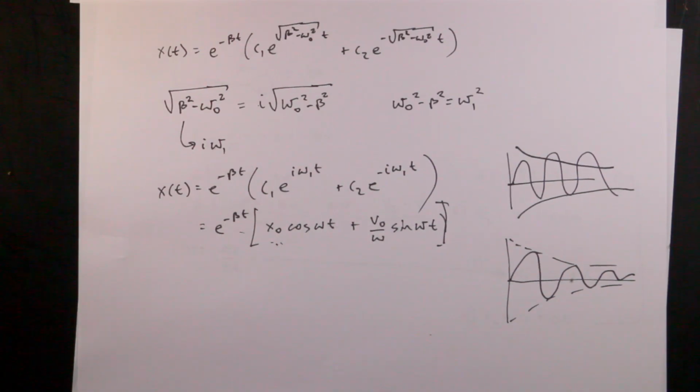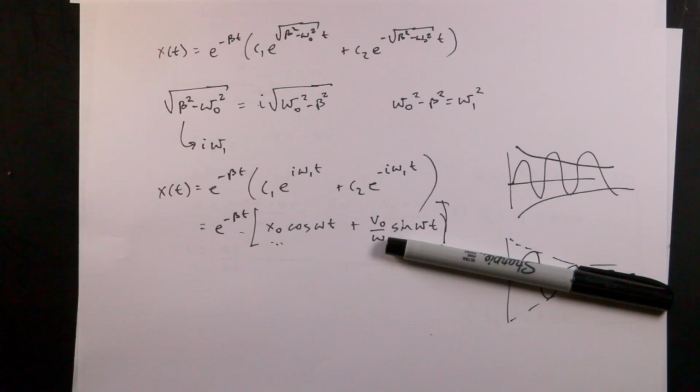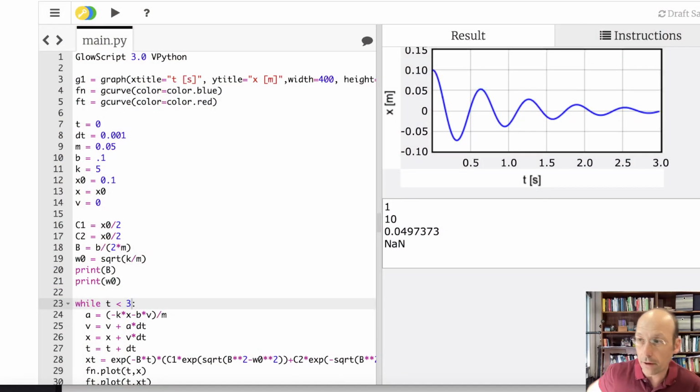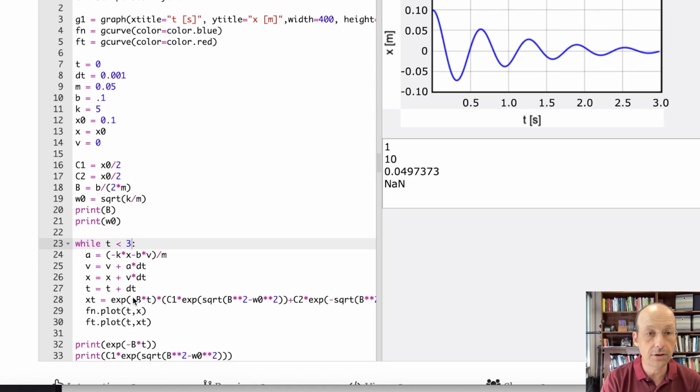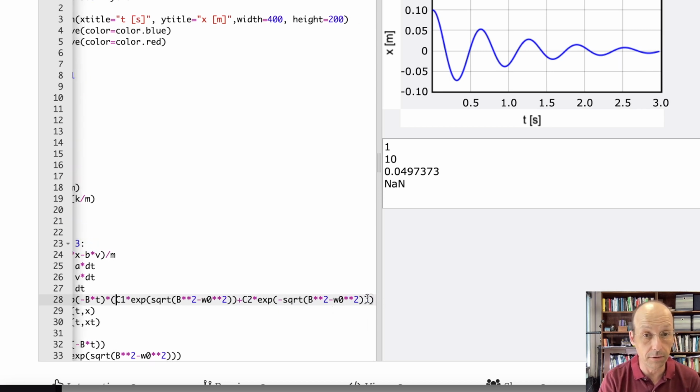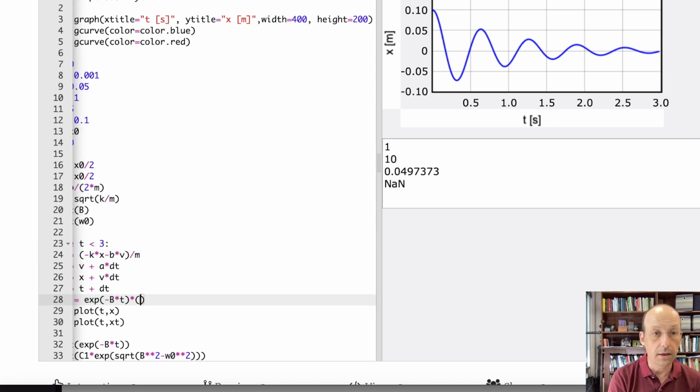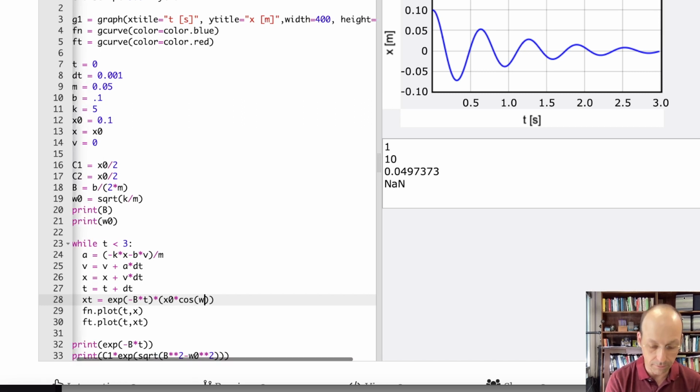Okay, so now let's go fix that back in Python because I have to have it fixed. It's required. I'll get fined if I don't, and I can't handle that. So down here, I'm just going to change this. I'm going to keep that term. I'm going to change all this exponential term, which is imaginary, so I'm going to replace it with that oscillation of x0, and C, good thing we put that in there, times cosine omega, in this case, omega 1 times t.